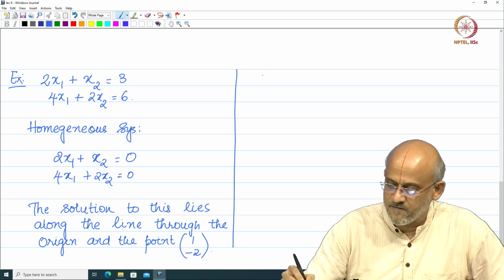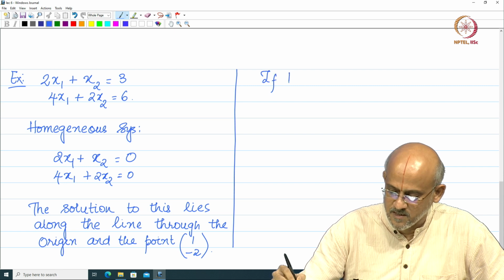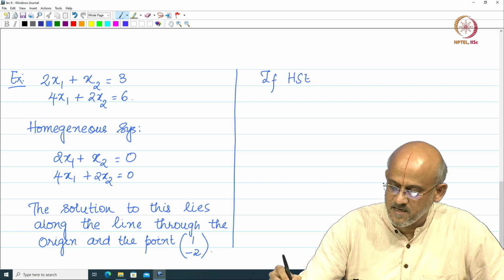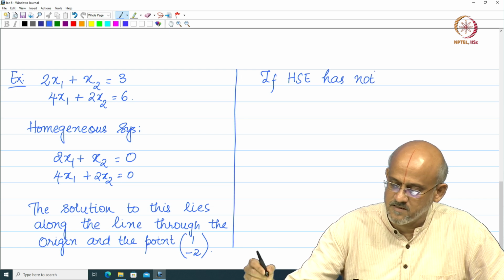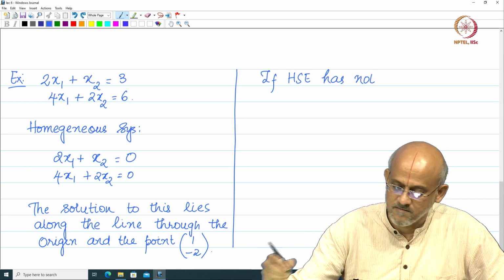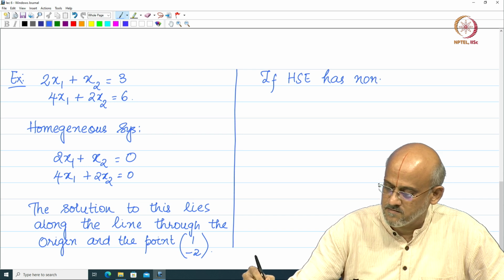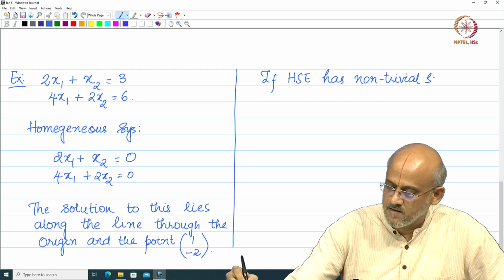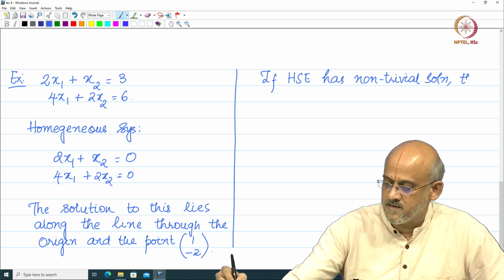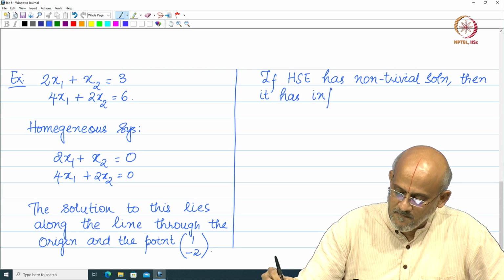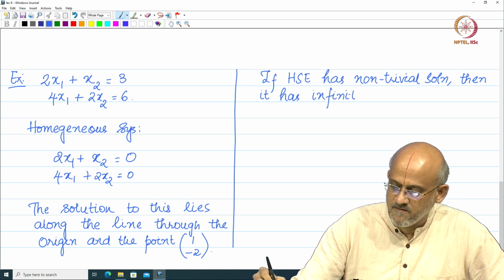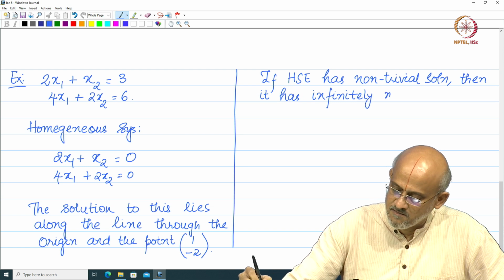And we studied that if the homogeneous system of equations has a non-trivial solution, then it has infinitely many solutions.